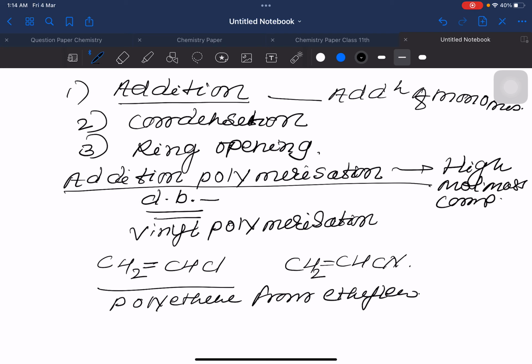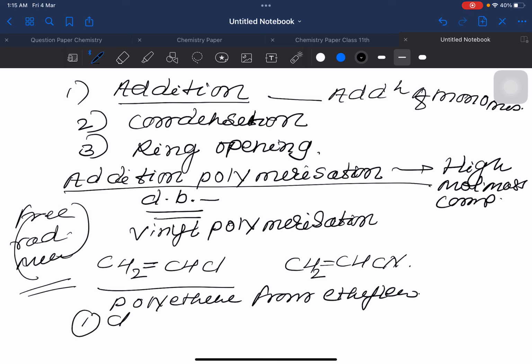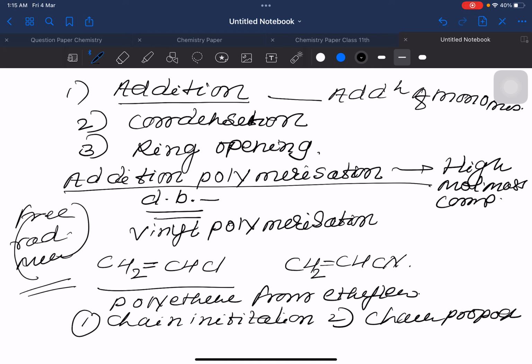It is formed by a free radical mechanism. It is also called a chain reaction, which involves three distinct steps: chain initiation, chain propagation and chain termination.